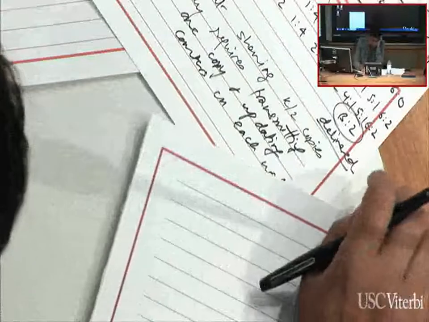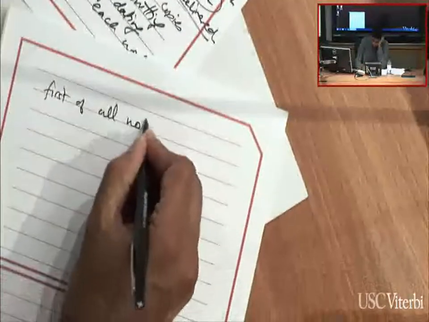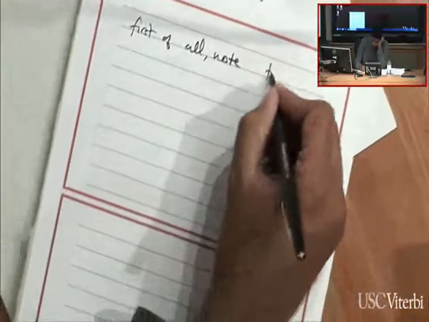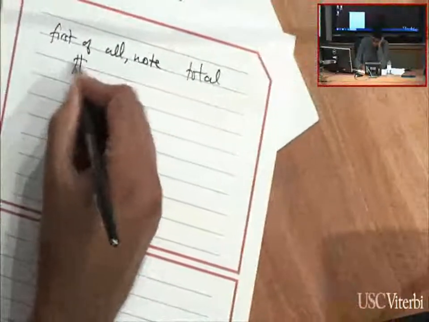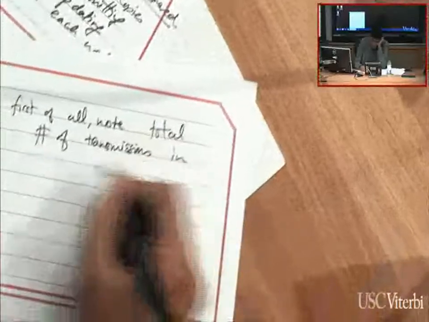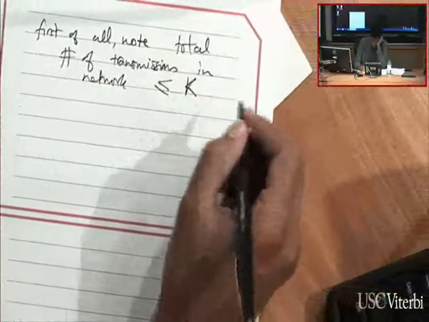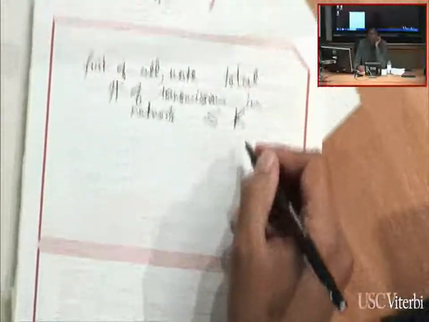So what have we achieved by doing this is that, first of all, note the total number of transmissions in the network is less than or equal to the capital K, which is what you started with at the source node.